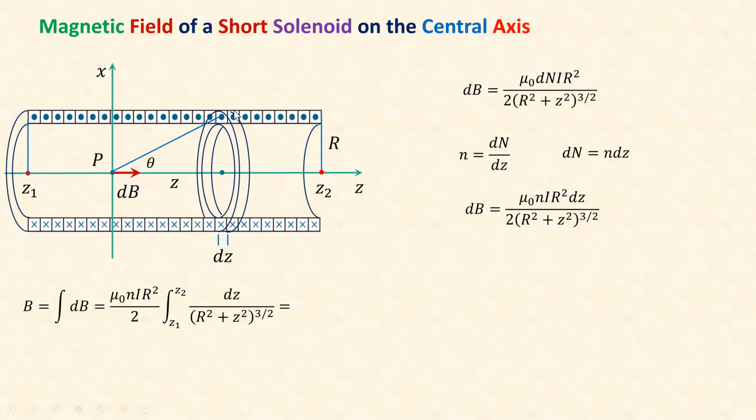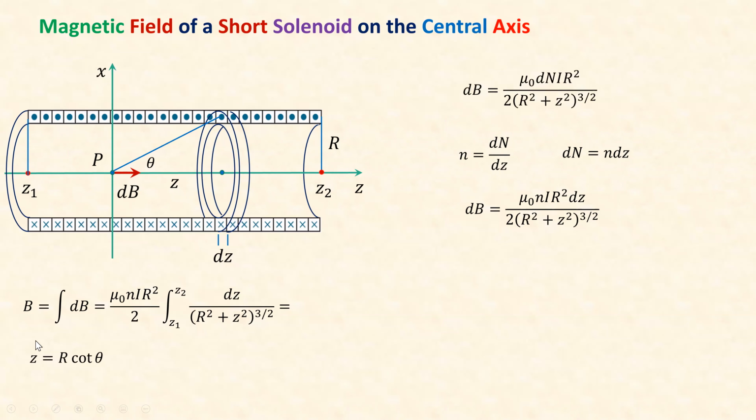If you connect this line, you see that z over r is tan of theta, or z over this distance, which is the square root of r squared plus z squared. You see this distance, from here to here, is the square root of r squared plus z squared. So that's what we have here.